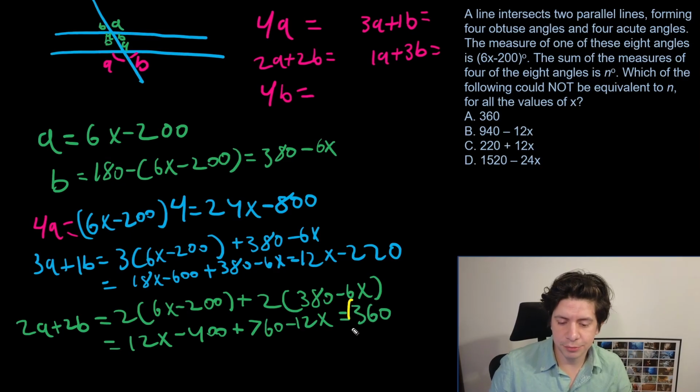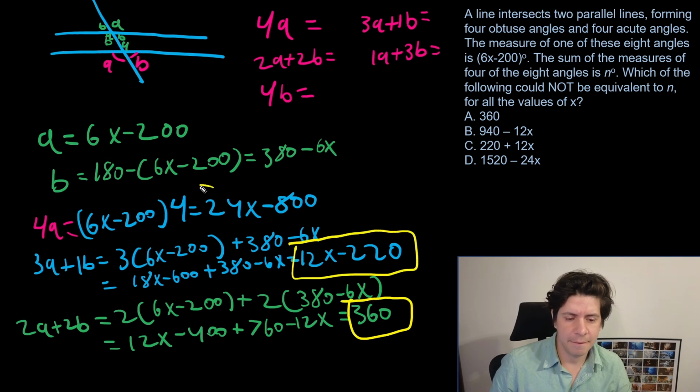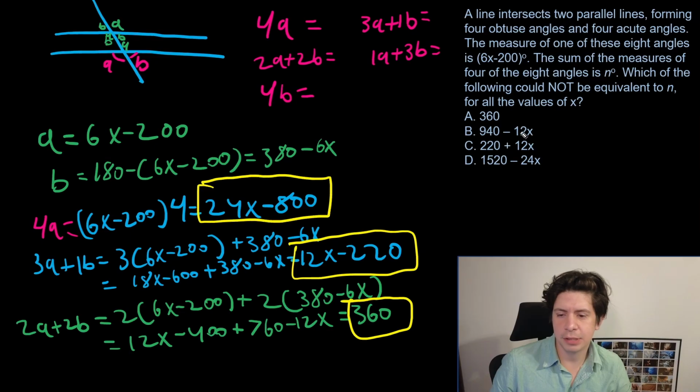So right now, possible things are 360, 12x minus 220, 24x minus 800. 360 is on here, so 360 is not it because it's asking which one would not be equivalent to n.